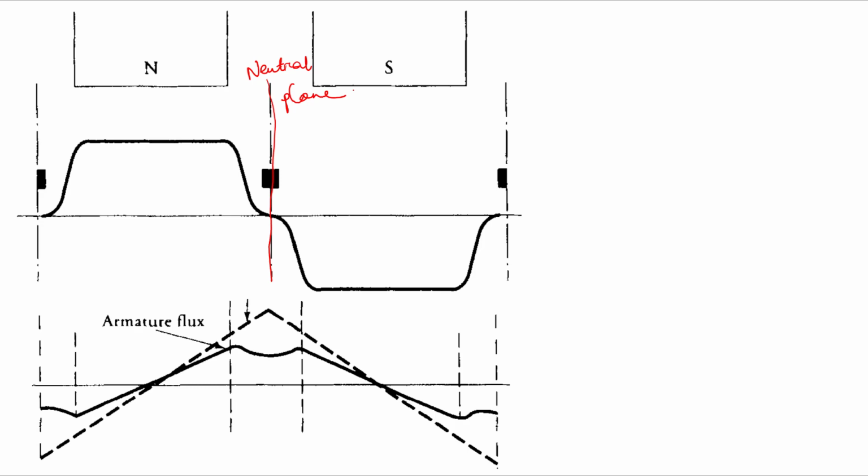So you can see here there is one solid line and one dotted line. This dotted line shows the MMF, and this solid line shows the flux. What is the relationship between flux and MMF? Phi equals MMF upon reluctance.